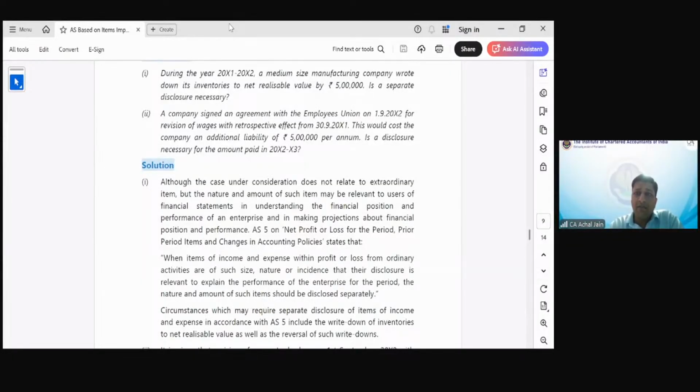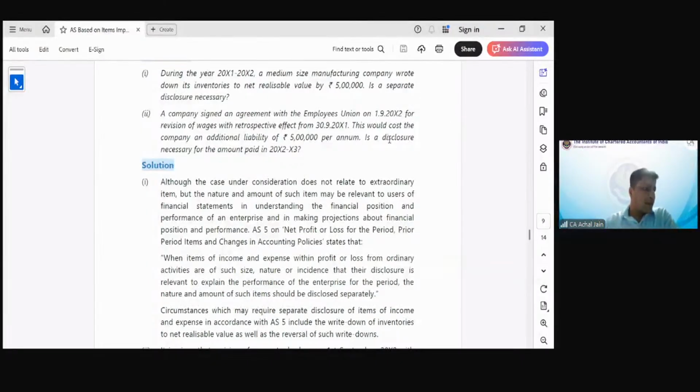Again, that will depend on materiality, the significance considering the size of the company. You can explain the concept and then answer that, considering the importance, the size of the company and the amount involved, you'll decide this. Okay, clear?